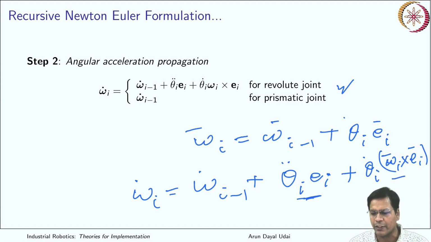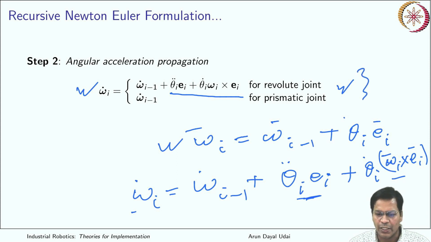These are the two accelerations that are added to this. So finally, just by taking the derivative of this, you can obtain the acceleration. And in the case of a prismatic joint, all of these will be absent. So this is quite trivial now, at least.